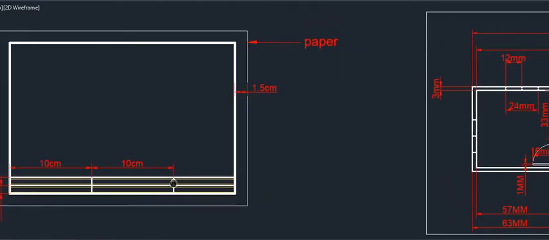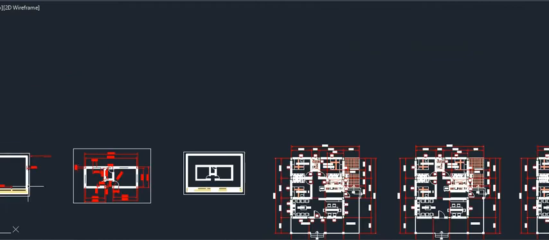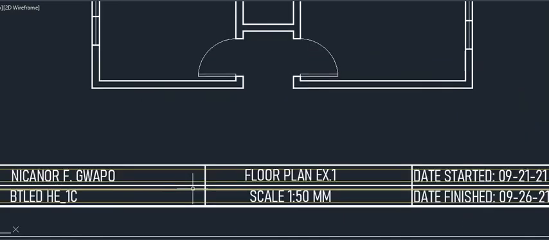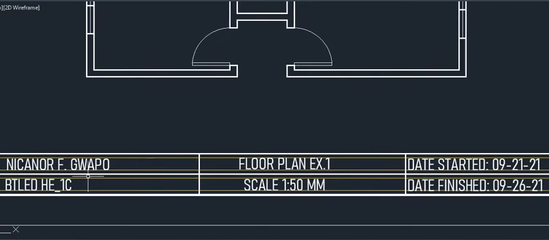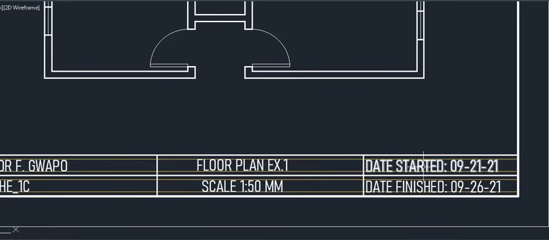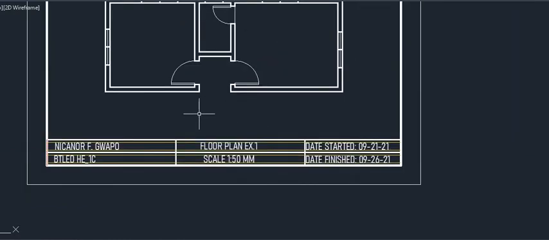So this is now the sample of your created title block with your name, section, the title, which is floor plan, and then scale 1 is to 50 millimeter, and then date started September 21, 2021, date finished September 26, 2021.